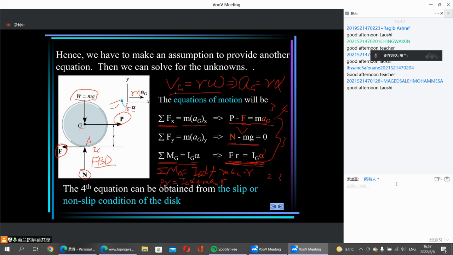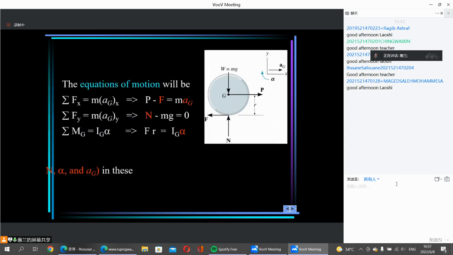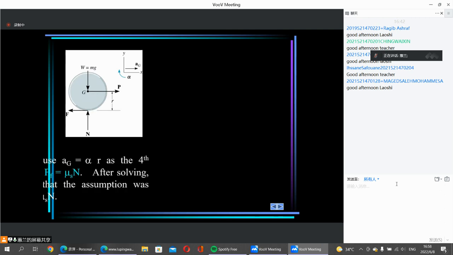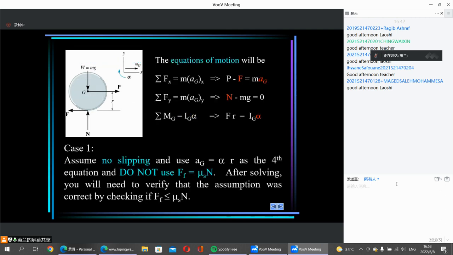And never forget that G has a straight path line. So taking the time derivative, the first time derivative of Vg equals Ag, and of omega equals alpha. So we can only have this if we assume that the disk is rolling without slipping.